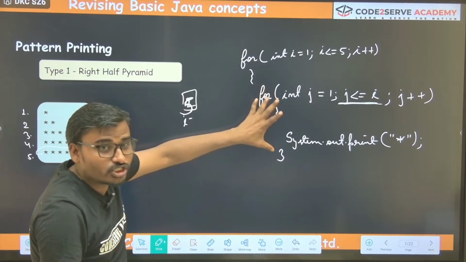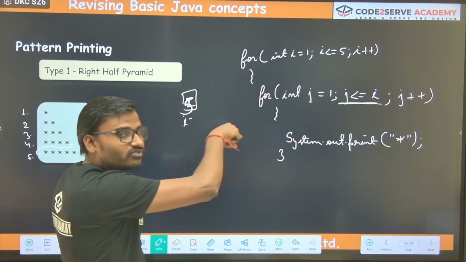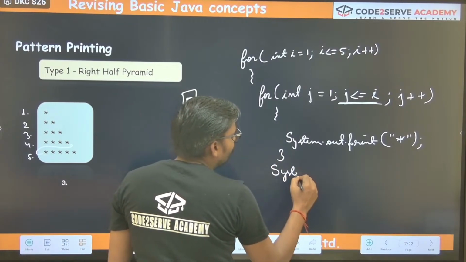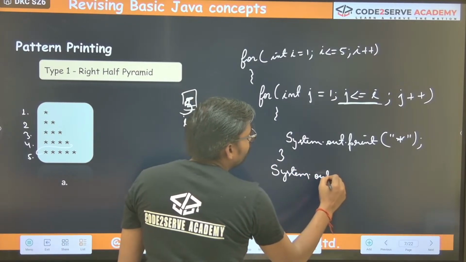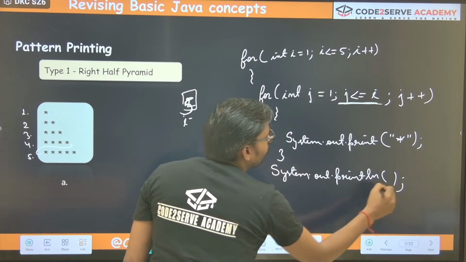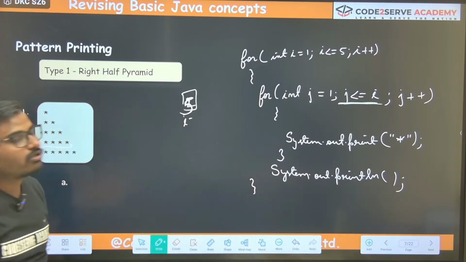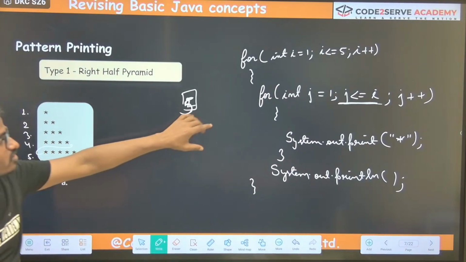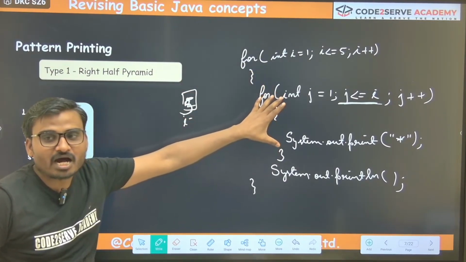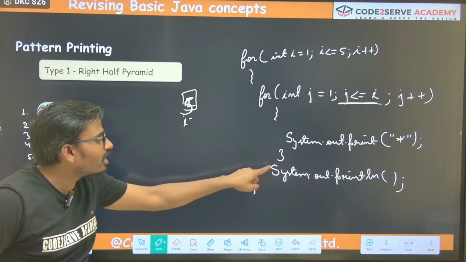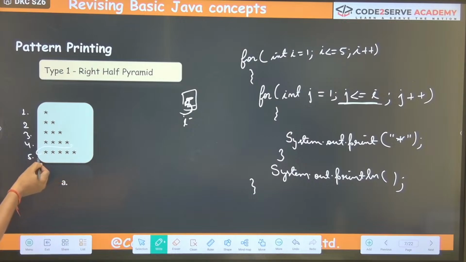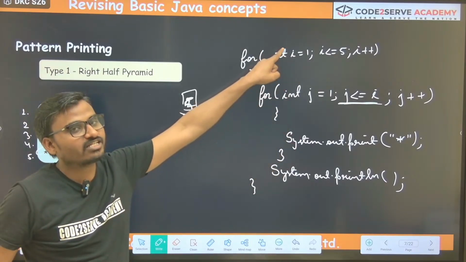So after execution of this block, we'll write System.out.println. You don't need to pass anything. This will be an empty block. That means whenever this j part got executed, this new line will be executed. The control will go from here to here and it will go for the next iteration.